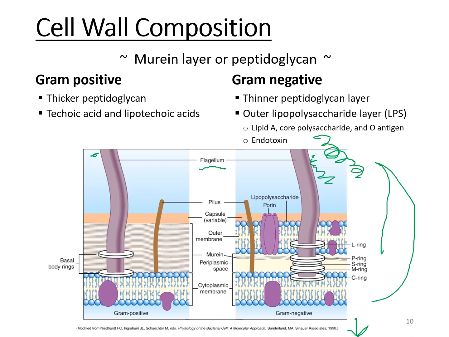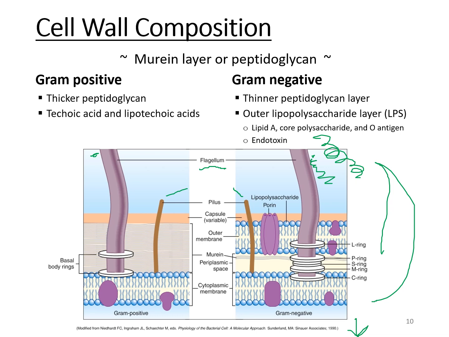And depending on the particular organism, it could have this little sexual type of appendage here, so it actually uses it to transfer its DNA material. And then from there, depending on the particular organism, you could have a capsule.